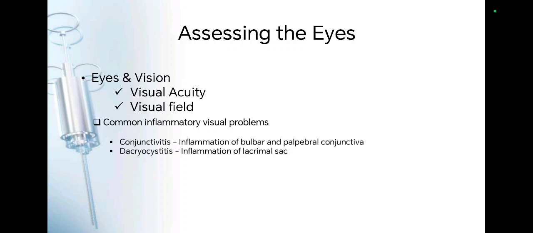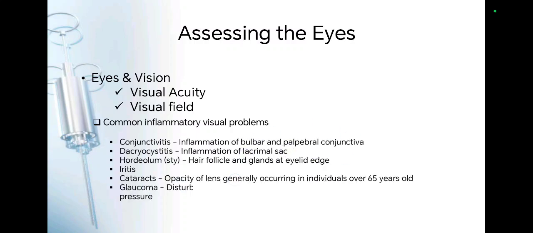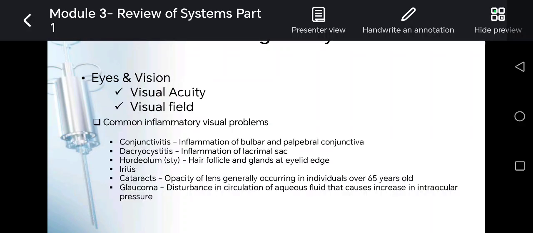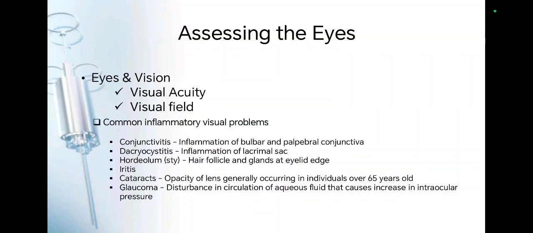Now we have here also the common inflammatory visual problems, okay, that may be seen or checked in the patient. So we have here conjunctivitis, or the inflammation of the conjunctiva, or bulbar or palpebral conjunctiva. Dacryocystitis is the inflammation of your lacrimal sac. The lacrimal sac is the one that produces tears.